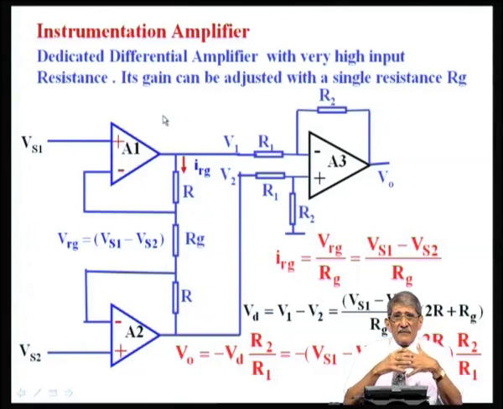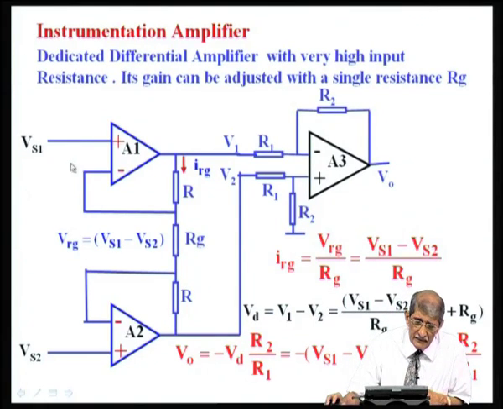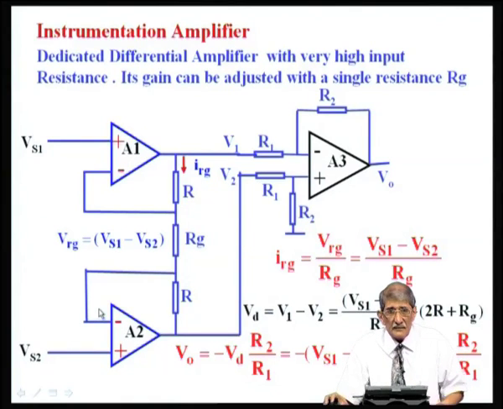With the instrumentation amplifier you want to increase the gain further and have very high input resistance. Okay. Already you have got very high input resistance there. Now, if I have two of them connected like this, between VS1 and VS2 you will get very large input resistance, and let us see how this gain can be increased further.